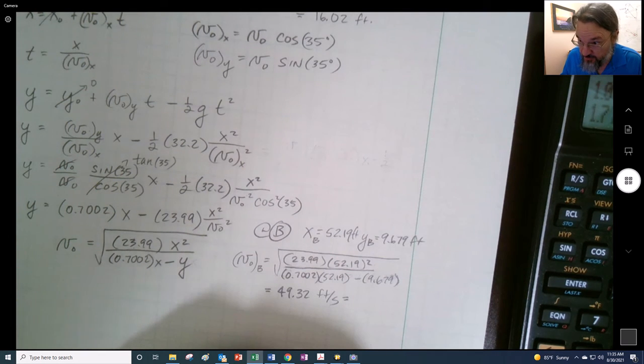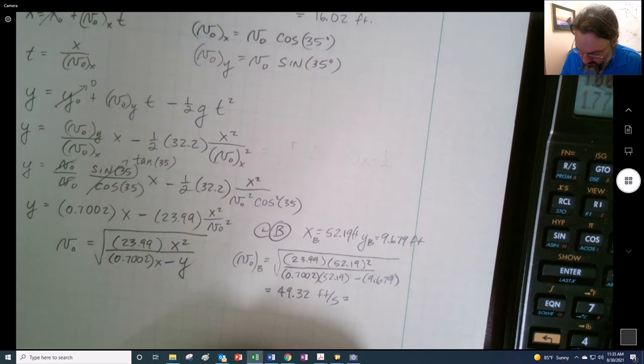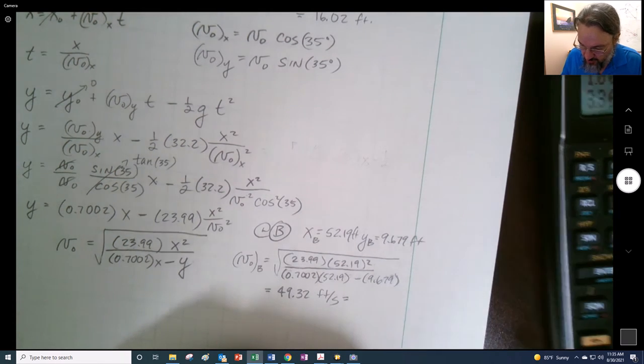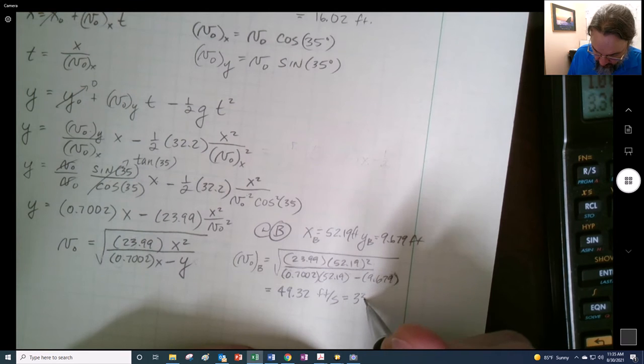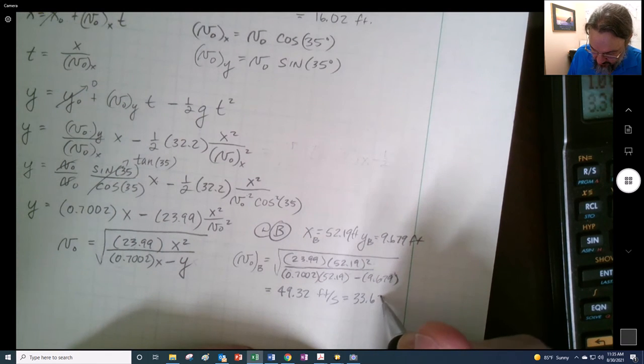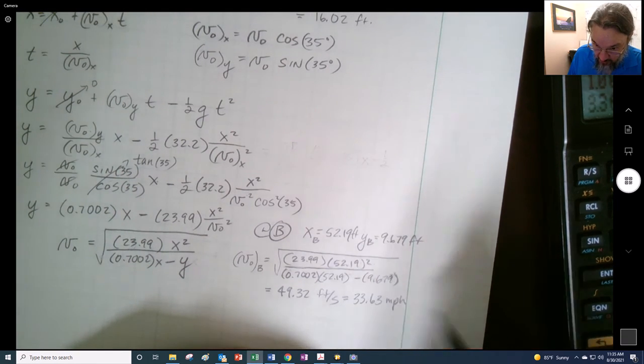That's seconds per hour, and then divide by 5,280. That's feet per mile, and we're going to get 33.63 miles per hour.